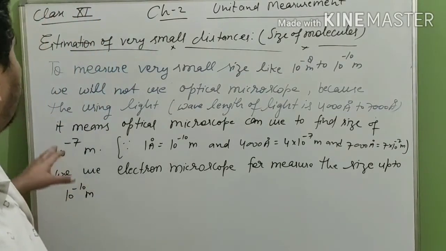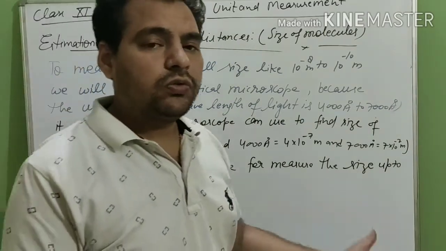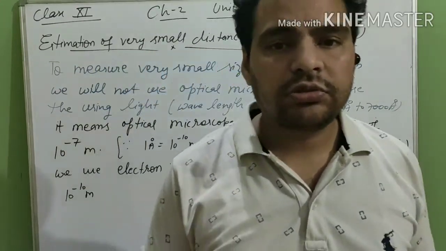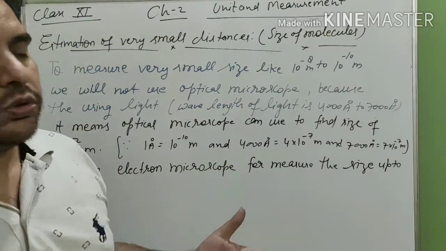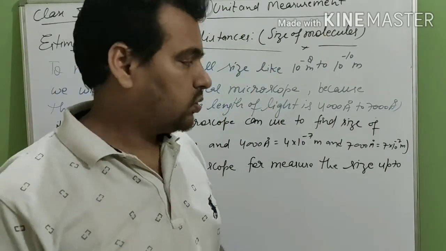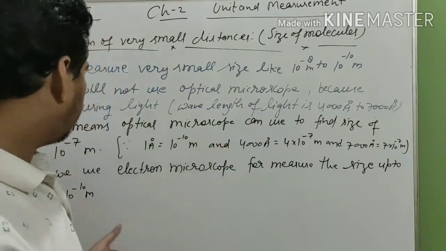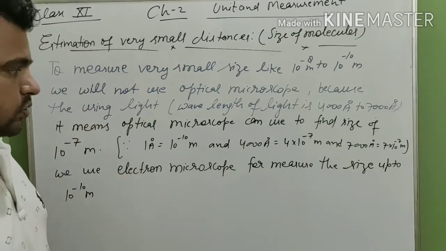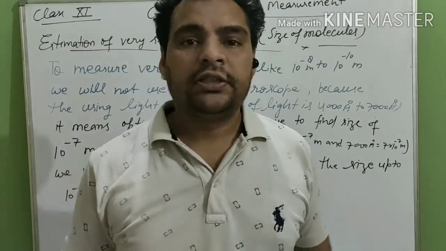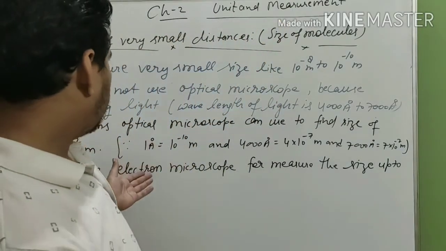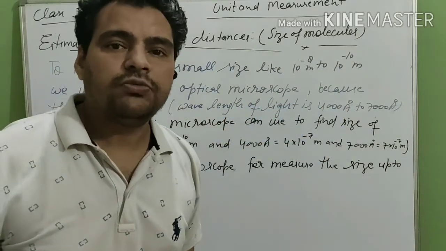So, estimation of very small distances, size of the molecule. Which method will be used to find the size of a molecule? See, an optical microscope cannot be used to find the size of molecules, because an optical microscope can measure size only up to 10^-7 meter. The optical microscope is based on the use of sunlight, visible light, having a wavelength from 4000 angstrom to 7000 angstrom.